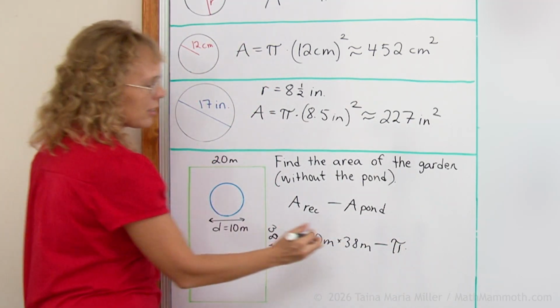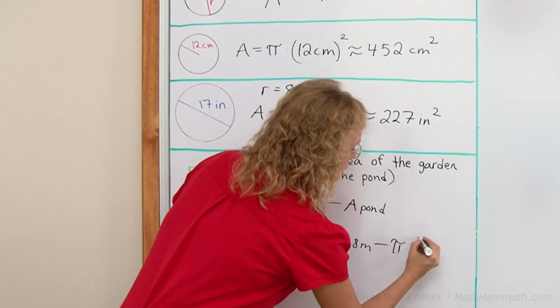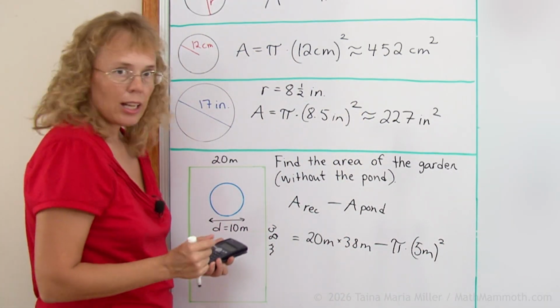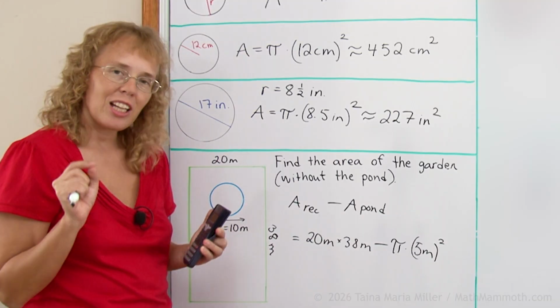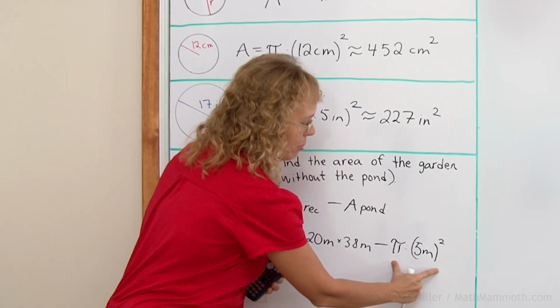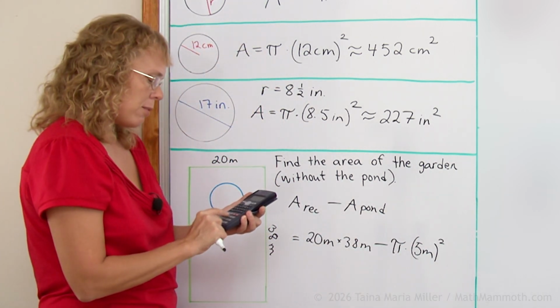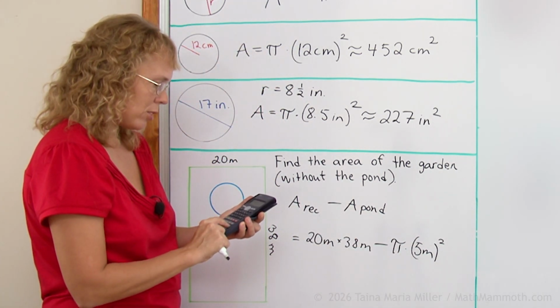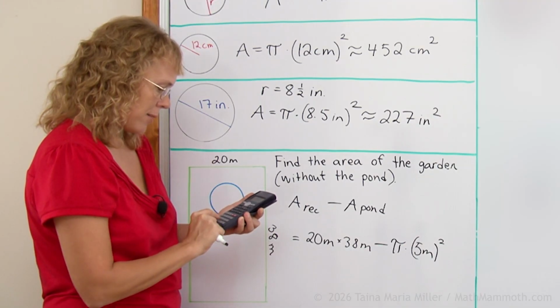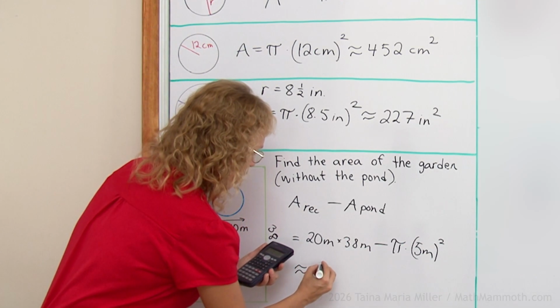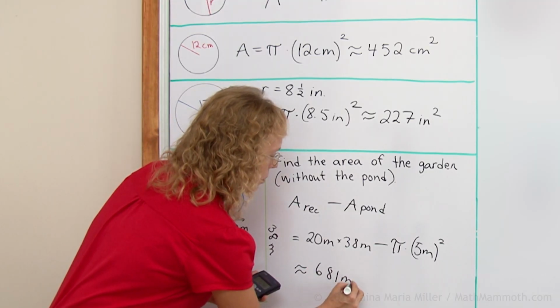You have to take half of it, 5 meters, and squared. And then you can calculate, depending on your calculator, you may have to calculate this separately, and then subtract. But I believe mine will know the order of operations without me doing it that way. Okay. And we will get about 681 square meters.